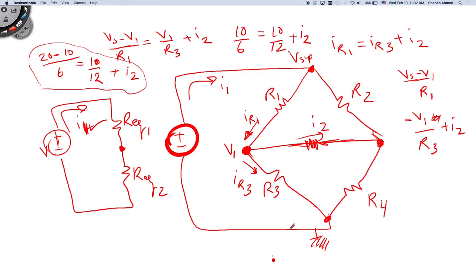You have to do Kirchhoff current law and Kirchhoff voltage law. Kirchhoff current law here, and you call this V2 in this case, not V1. Also do Kirchhoff current law here, and you have two nodes, two equations, and two unknowns, which are the voltages here.